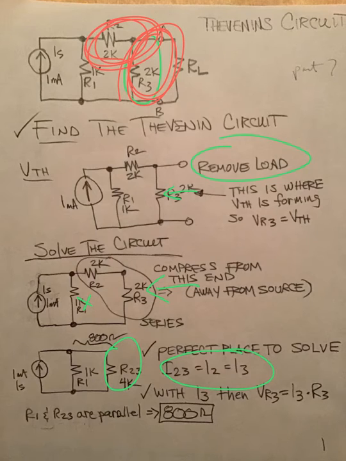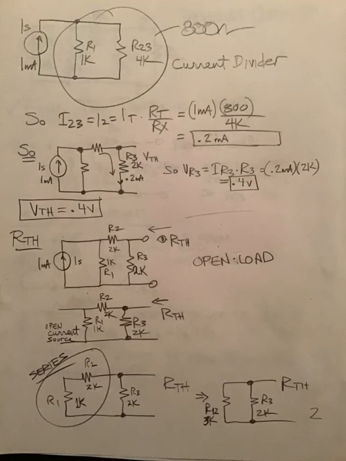So we take these two resistors down here at the bottom problem, 1K and 4K, we combine them together to produce 800 ohms. That leads us to this problem right here, and I've redrawn it up at the top. And as I said, if you look at the problem close enough, you'll see that current divider really is the only flavor of the day that will work for this circuit.